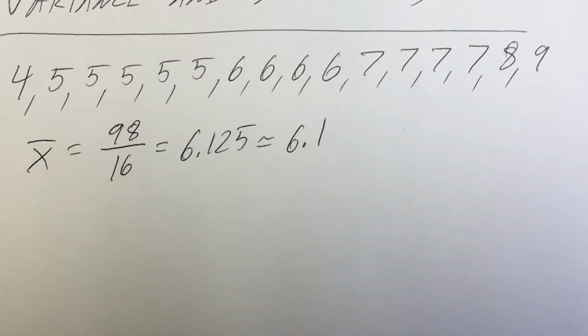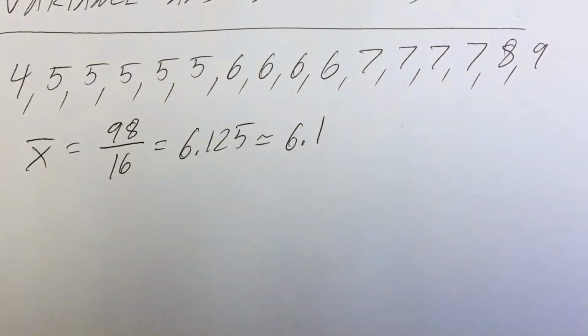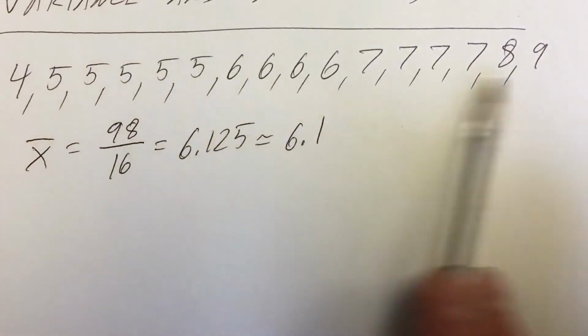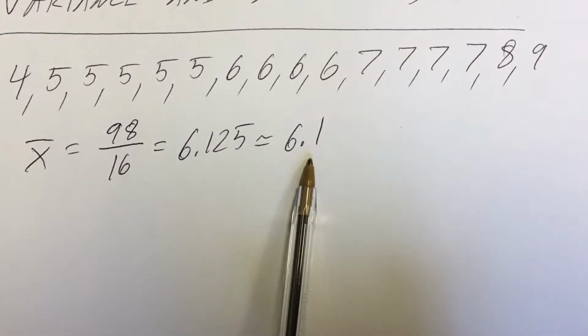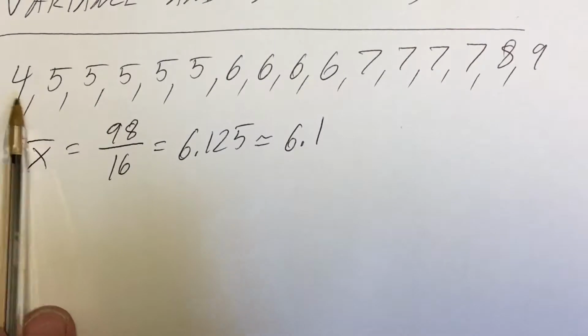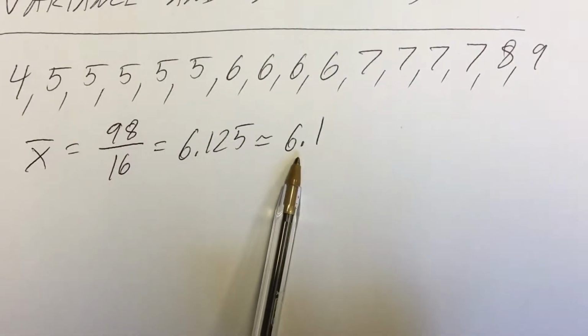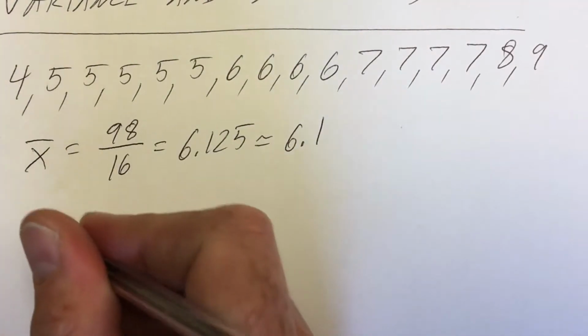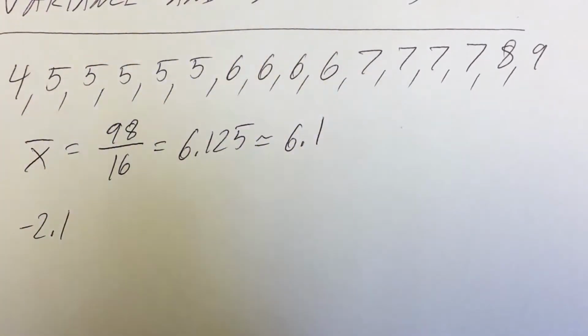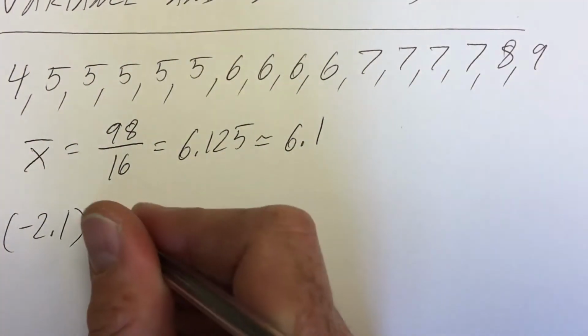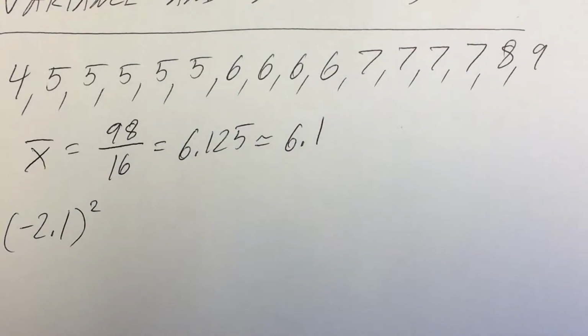The next part of the equation is x1 minus x bar, or all the x's subtracted from x bar. Taking our first value 4 and subtracting 6.1 gives us negative 2.1. If you recall from the formula, that value is then squared.